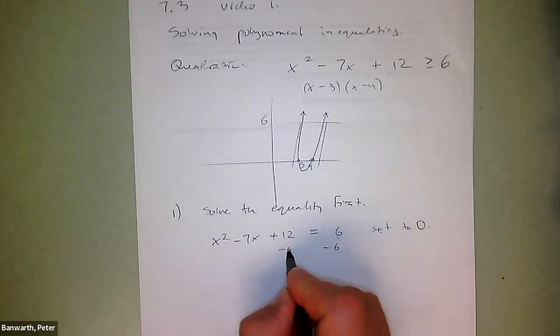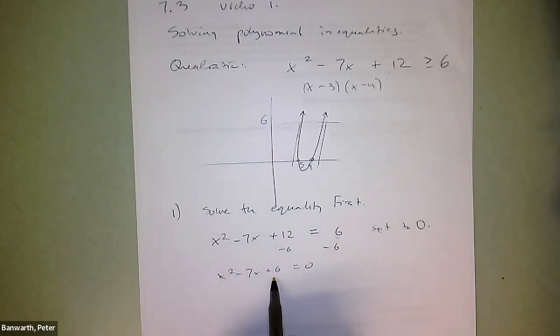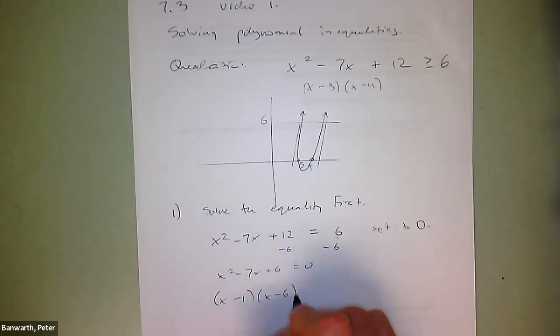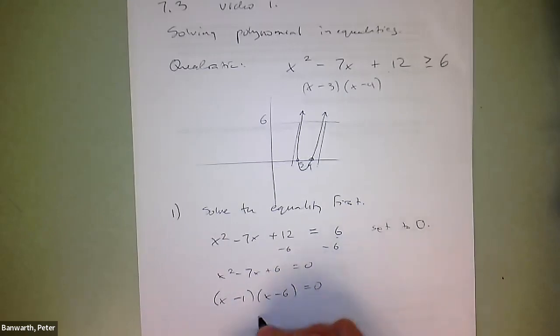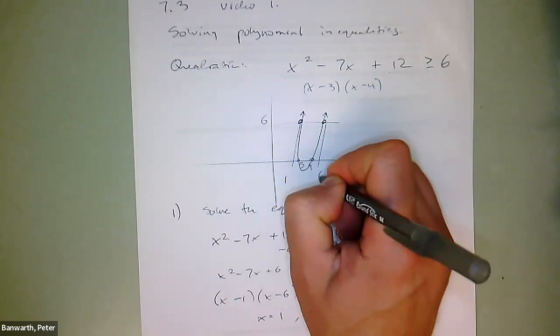I happen to come up with something that still makes sense: x minus 1 and x minus 6. Those, -1 and -6, add to -7, and -1 times -6 is +6. So x equals 1 and x equals 6. Those are my 2 points here, 1 and 6.